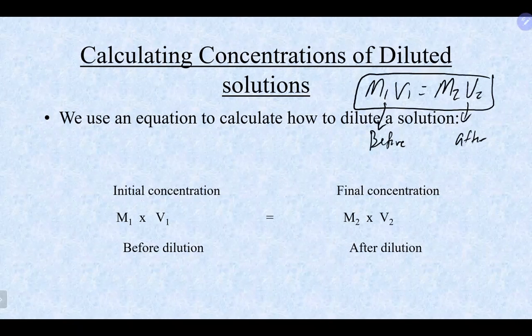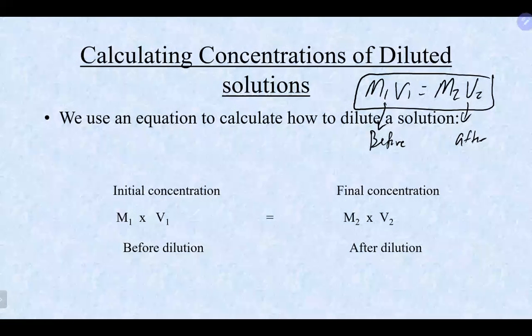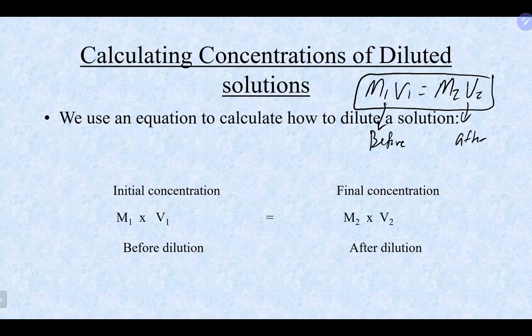The M's here are molarity, and the V's are volumes. M1 is usually the concentration of the more concentrated solution. V1 is how much of the more concentrated solution you need to use. M2 is usually the concentration of your more dilute solution. And V2 is usually the total volume of the new, more dilute solution that you want to make.